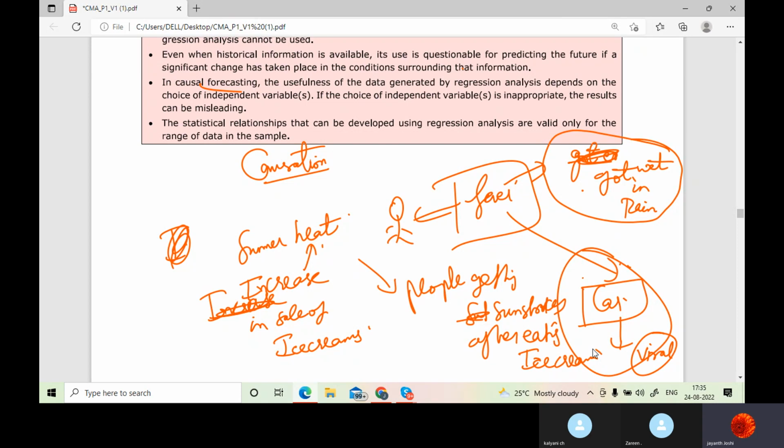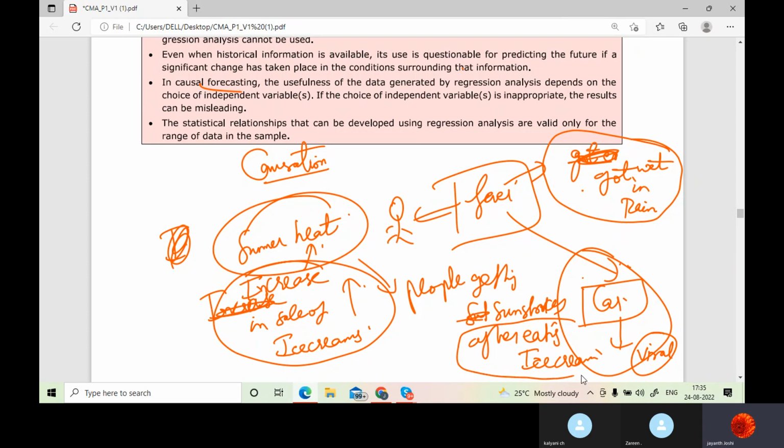Strange reason, correct? I can say because of summer heat, people are eating ice creams and the ice cream sales have gone up. This can be a causation, correct? But people getting sunstrokes after eating ice cream, can you say that that's the cause? People are coming out in summer days to eat ice cream, and they're getting sunstrokes. So sunstroke is only because of summer heat, not because of ice cream. So there's no causation there.